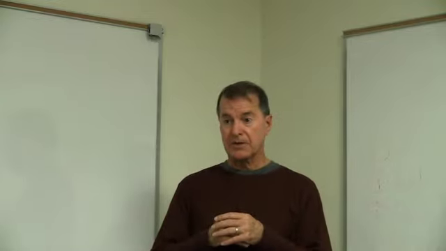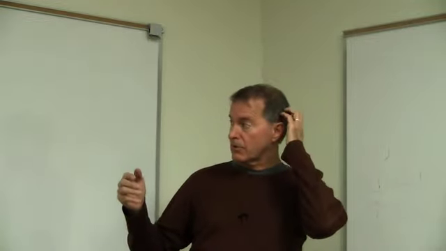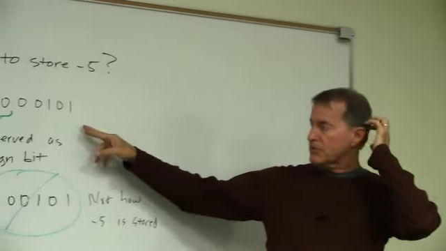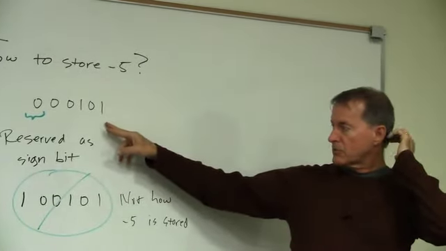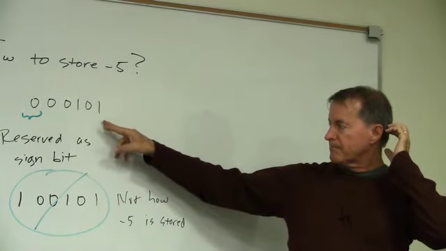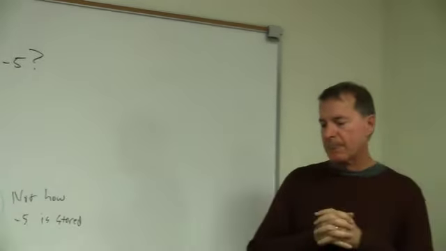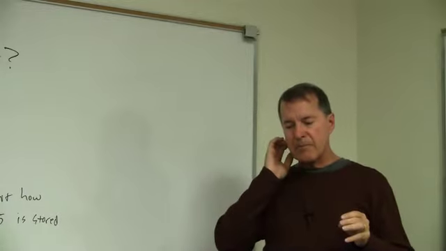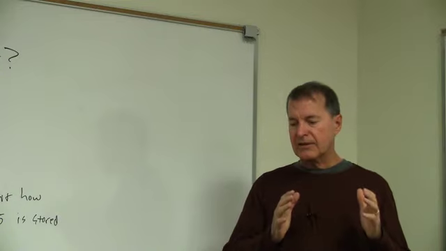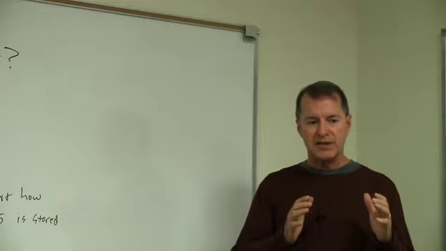It's a combinational circuit, and those of you in the organization class know what that means. Here's what we want to have happen: we want to use the same circuit to be able to add either signed numbers or unsigned numbers.